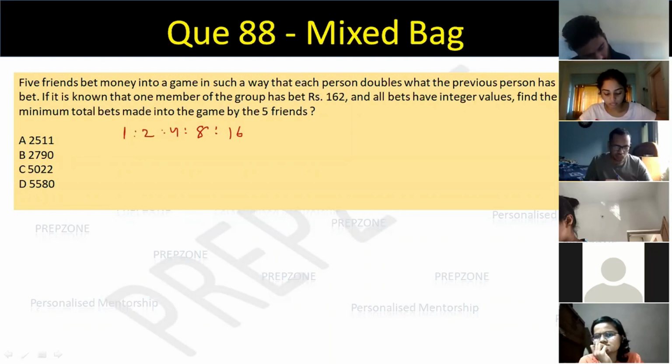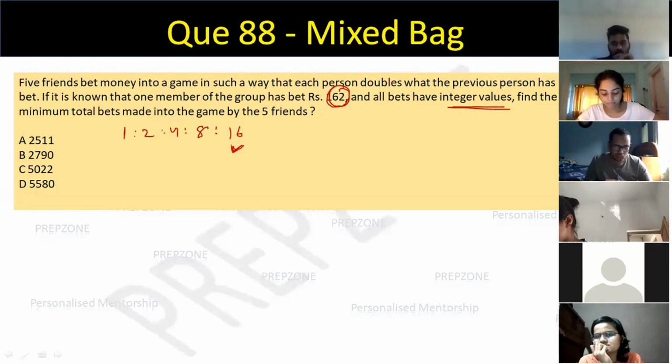अब it is known that one member of the group has bet 162. Okay, अब ये पता है कि इन पाँचों में से किसी एक ने तो 162 rupees bet किया and all the bets have integer values. So now let's see, which of the following can bet 162 rupees?